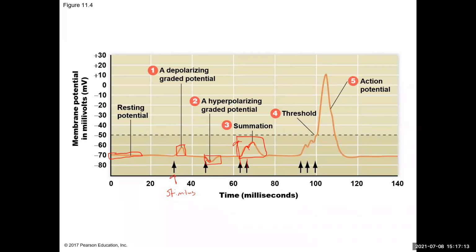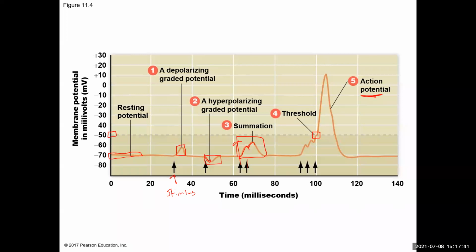So it causes the resting membrane potential to become much more positive. Now, in this example, minus 50 millivolts is our threshold. That dashed line is representing the threshold. So if at any time this resting membrane potential becomes depolarized enough to hit that threshold, an action potential will happen.